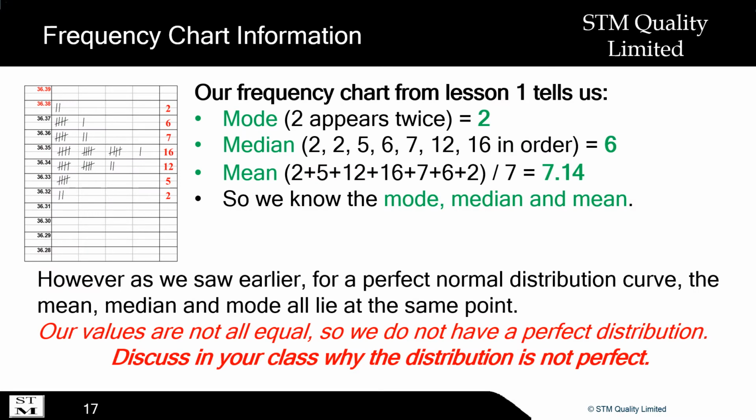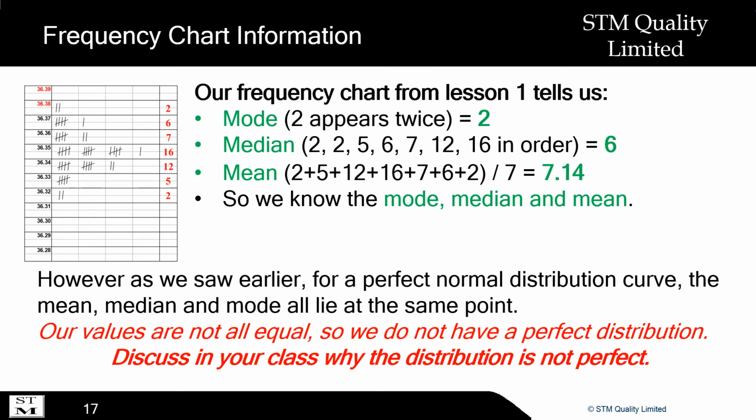Our frequency chart from lesson 1 tells us the mode, as 2 appears twice, equals 2. The median, if we arrange all of the totals in order, is equal to 6. And the mean, if we add all the values up and divide them by 7 values, equals 7.14.